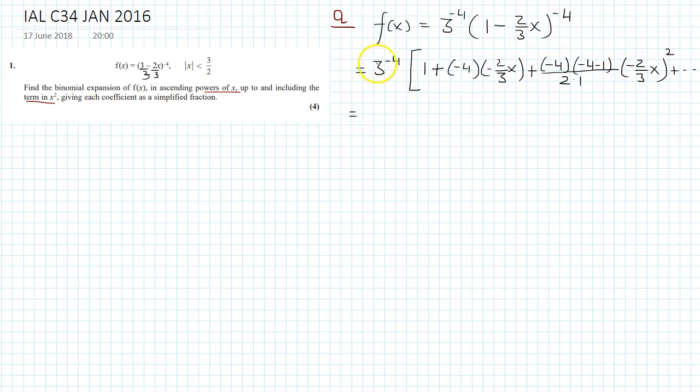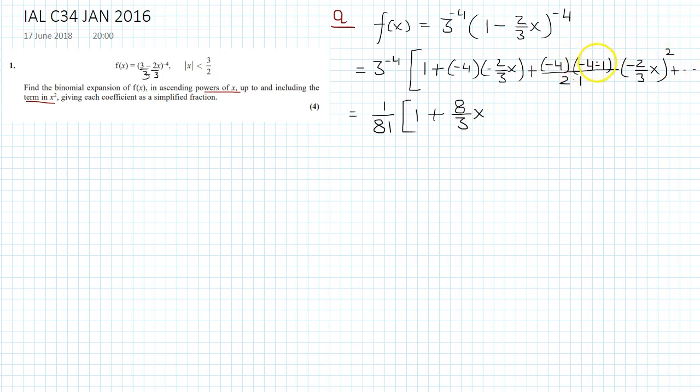So this is equal to 3 to the power 4 means 3 times 3 is 9 times 3 is 27 times 3 is 1 over 81. Times 1, these are two negatives, so that is positive, 4 times 2 is 8 over 3 x.